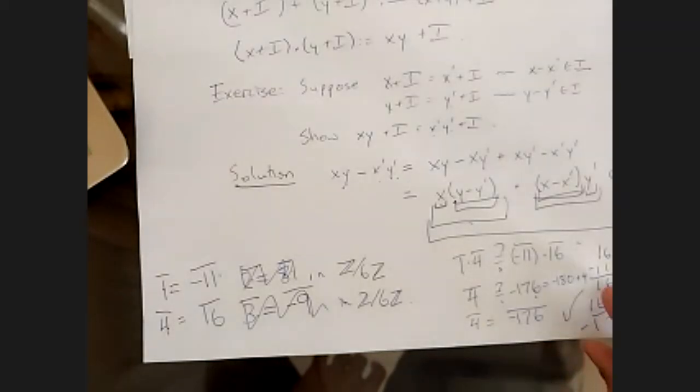Now, we know that there is a relationship between normal subgroups and group homomorphisms. Well, there's also a relationship between ideals and ring homomorphisms.